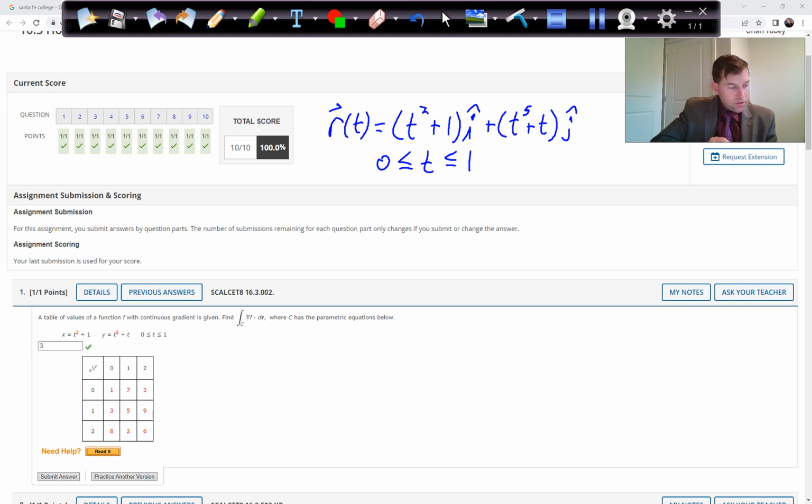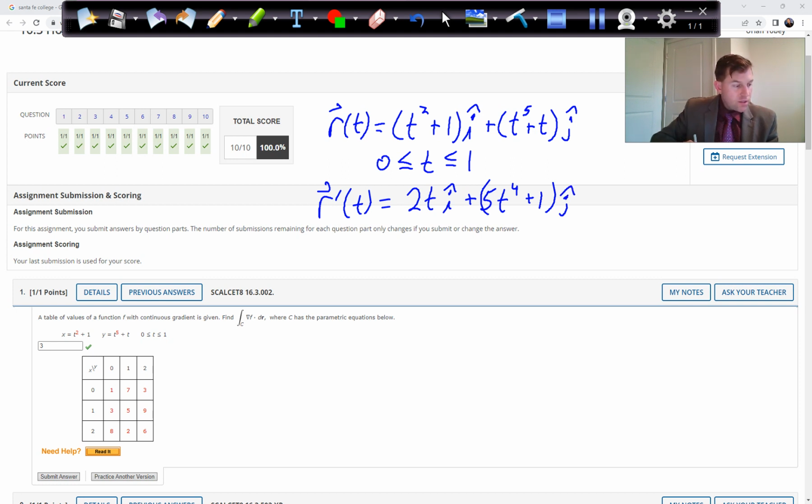So what we have to do is take the gradient of f as a function of r and dot it with the derivative of this position vector. So we have to say r prime of t is equal to 2t in the i direction plus 5t to the 4th plus 1 in the j direction. So just a standard derivative.